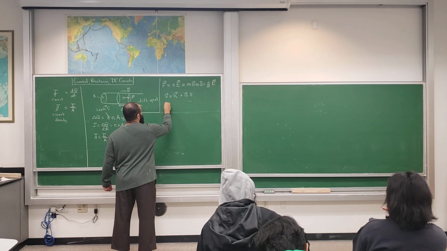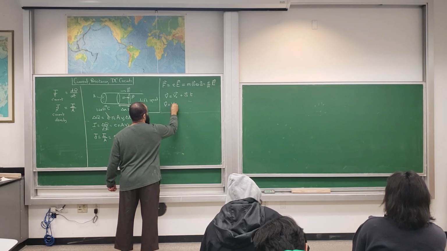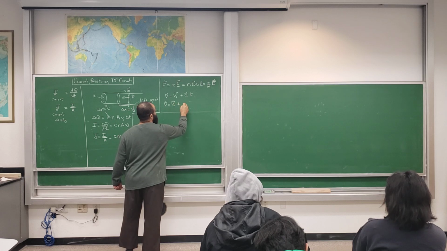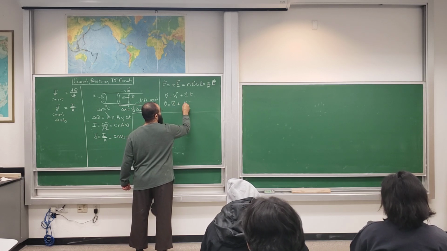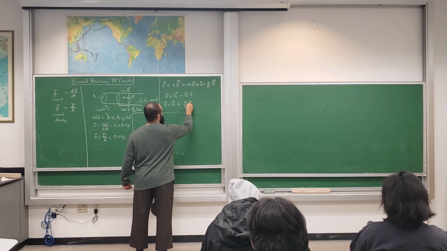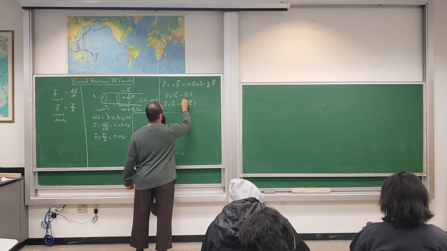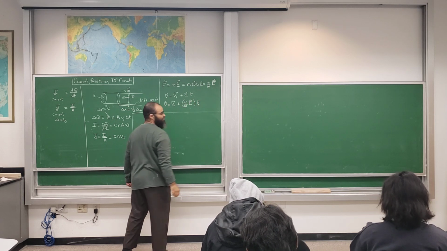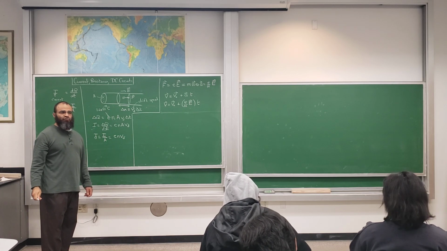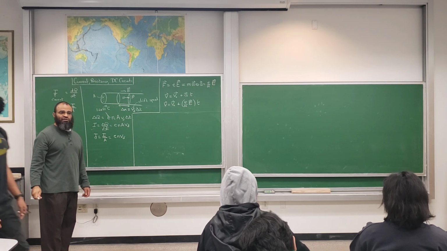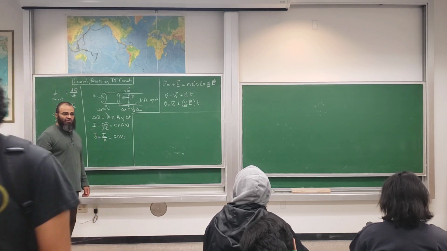So we get v is v naught plus e over m times the electric field times t. Now, I'm not interested in how one charge moves. I'm interested in, on average, how they move, right?